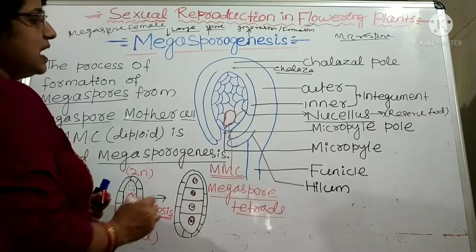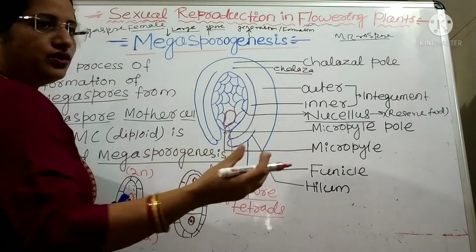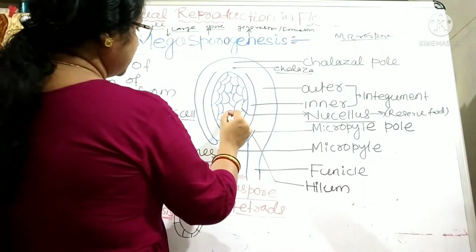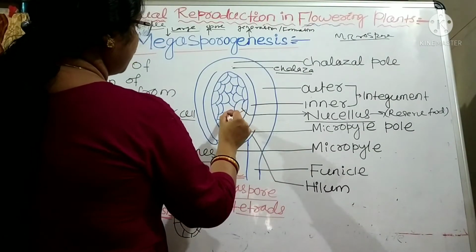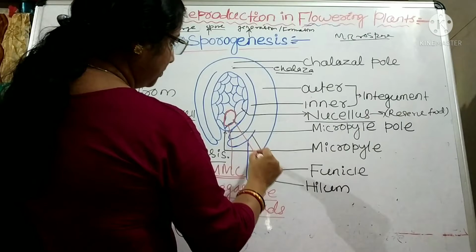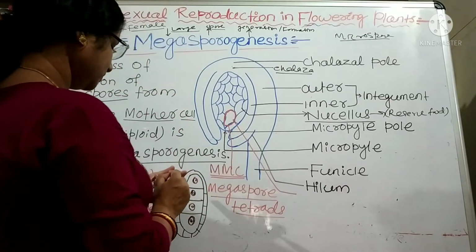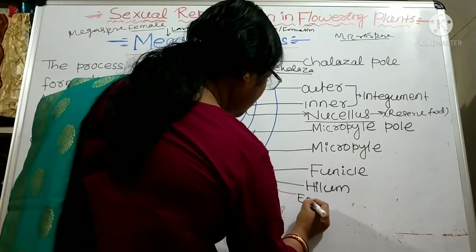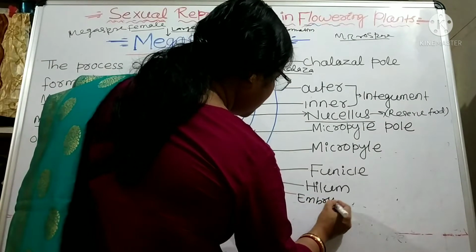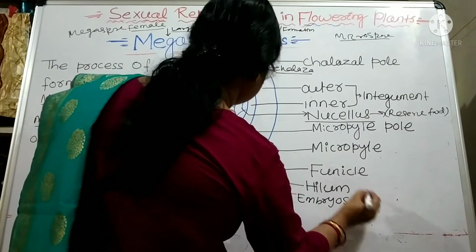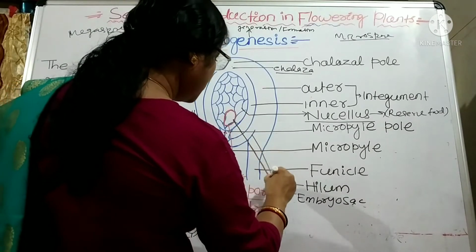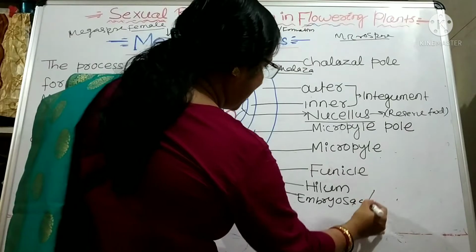It later develops to form the embryosac, or the female gametophyte.